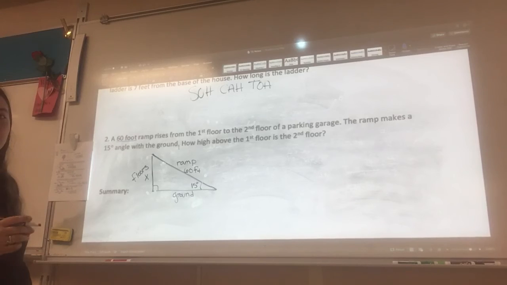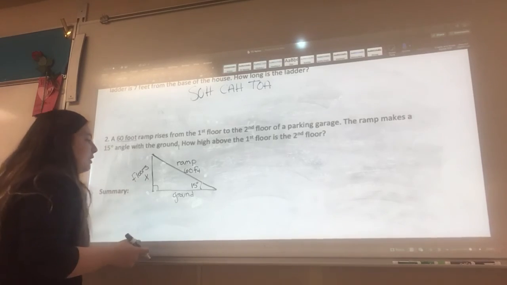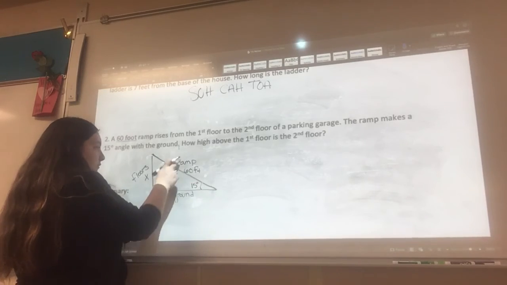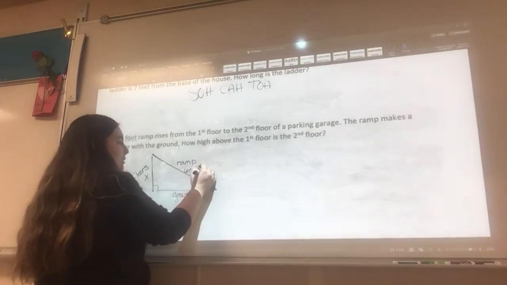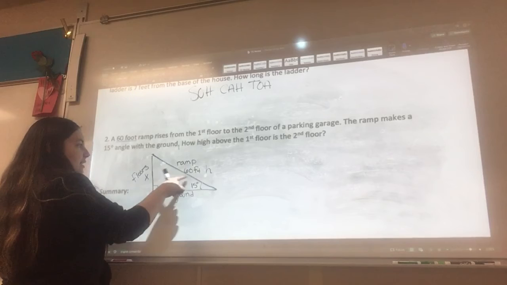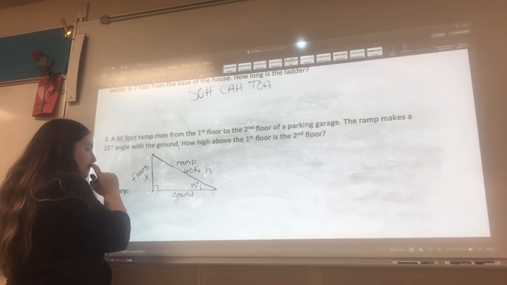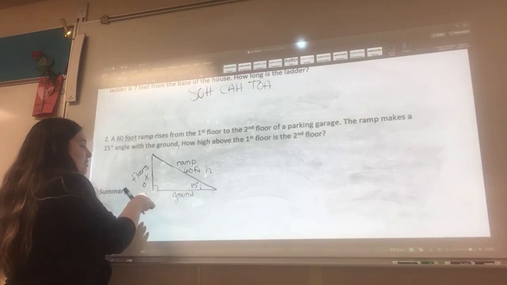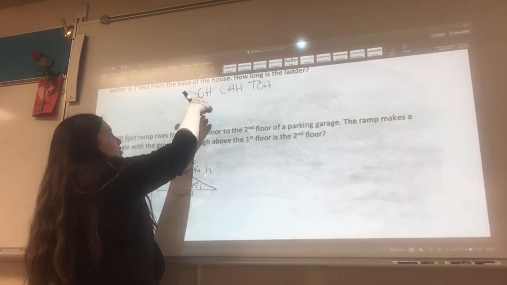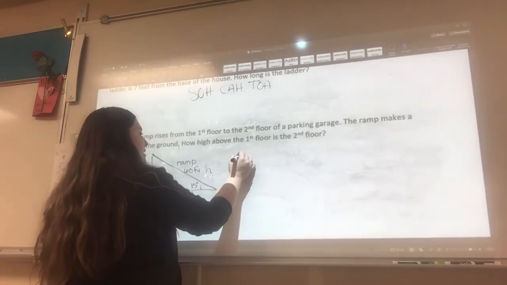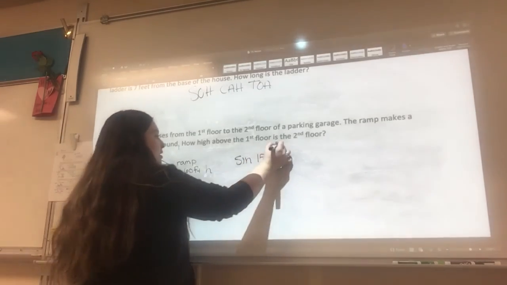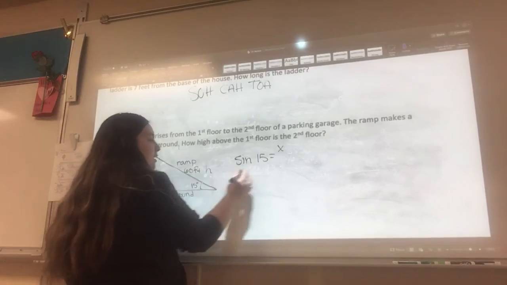You have set up a triangle. Looking at the information given to us, our 15-degree angle is here. Over here, ramp, definitely our hypotenuse. It's opposite of our 90 degrees, and it's the one that's diagonal. Looking at x, it is opposite of 15 degrees, so we're looking at OH. OH is sine. So we say sine of 15 is equal to opposite of our x over 60, our hypotenuse.